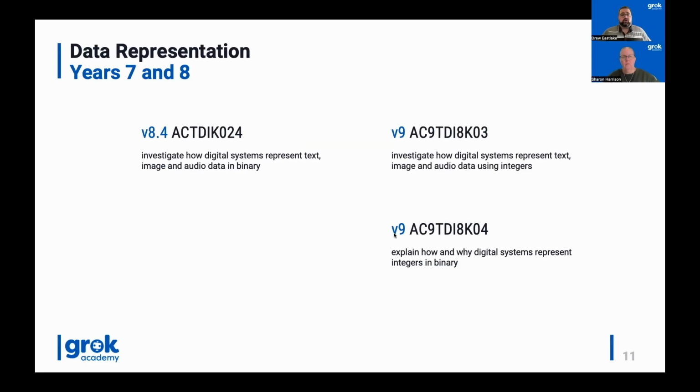In version 8.4 of the curriculum, you can see here that we used to have to investigate how digital systems represent text, image, and audio data in binary. Now, that's been split up into 2. We've got: investigate how digital systems represent text, image, and audio data using integers, and explain how and why digital systems represent integers in binary.